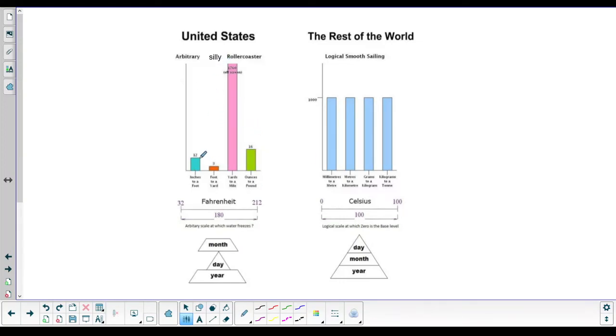Whereas if we want to go from inches to feet, there's 12. If you want to go from feet to the next biggest thing, yards, there's 3. Then if you want to go to the next biggest, yards to miles, there's 1,760, because why not? And then if you want to do something with weight, there are 16 ounces in a pound, right?